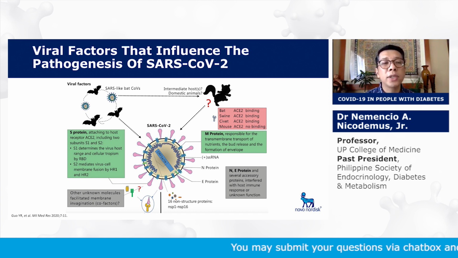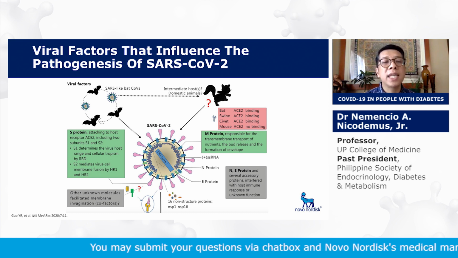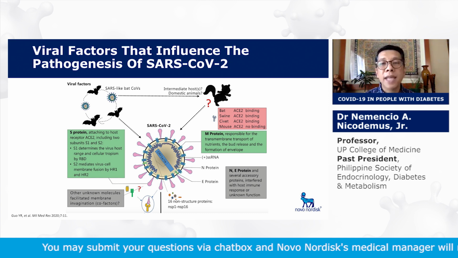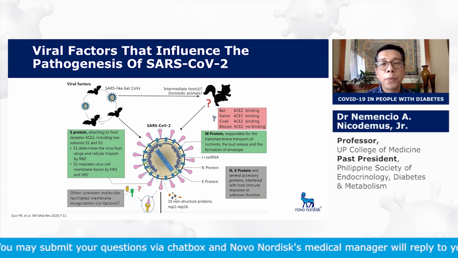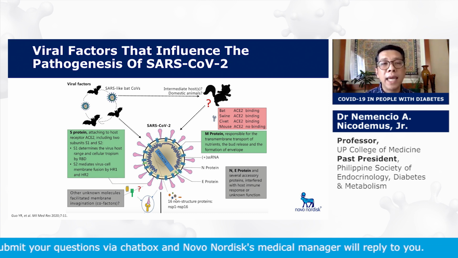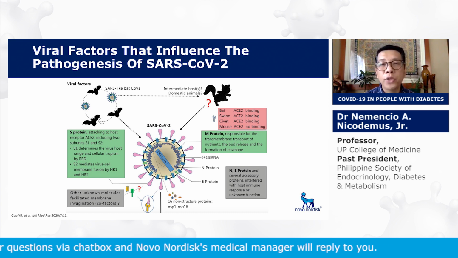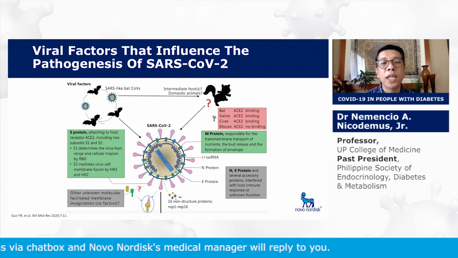As we have mentioned, it is the S protein that attaches to the host via the receptor, which is the ACE2. Aside from this, however, there are other proteins that are involved in influencing the pathogenesis of SARS-CoV-2 in humans, but they are of less importance as of now.